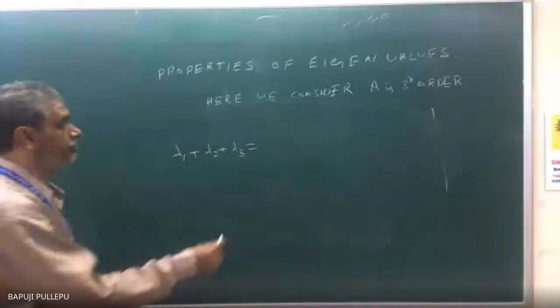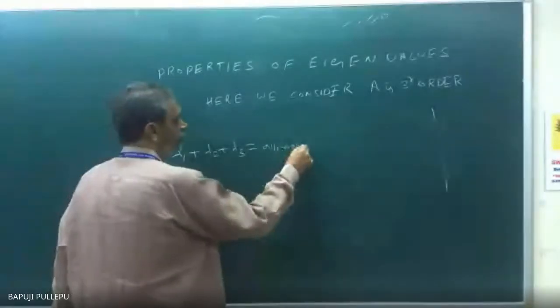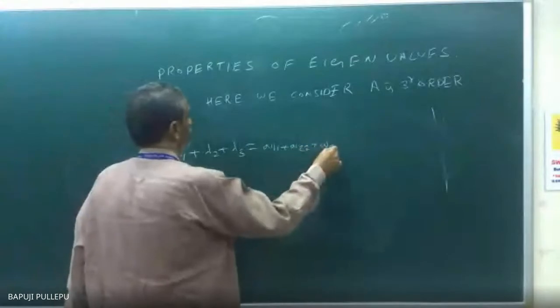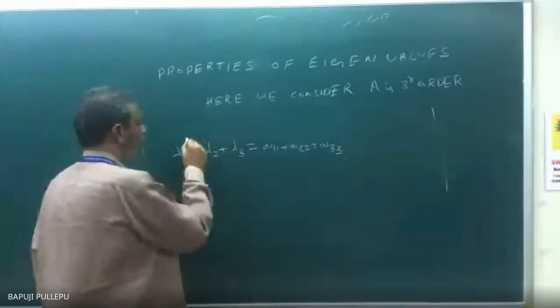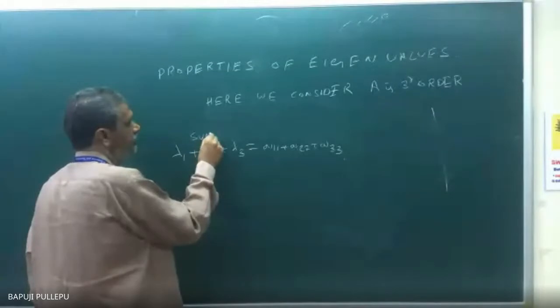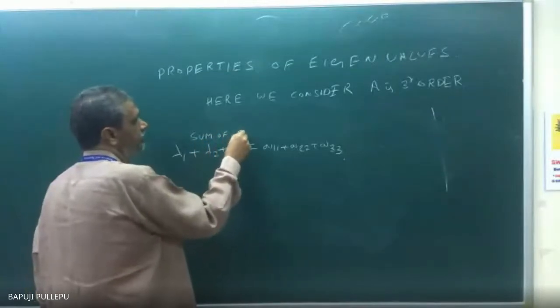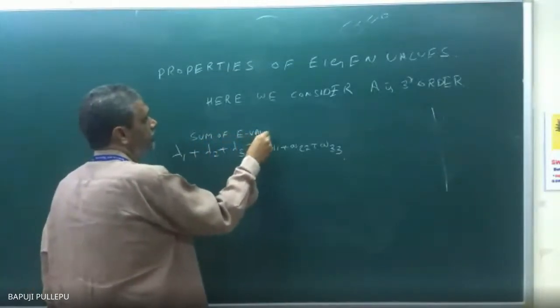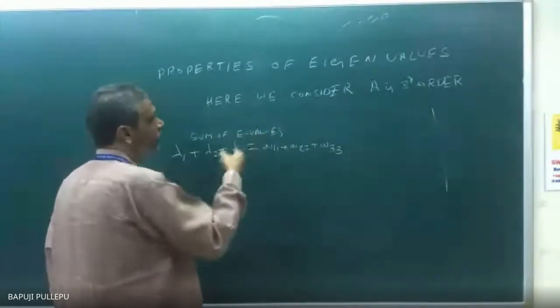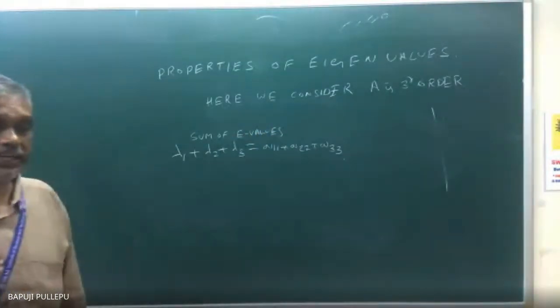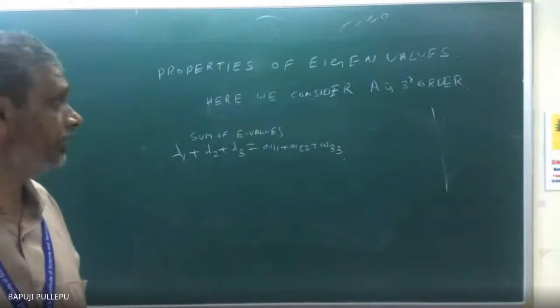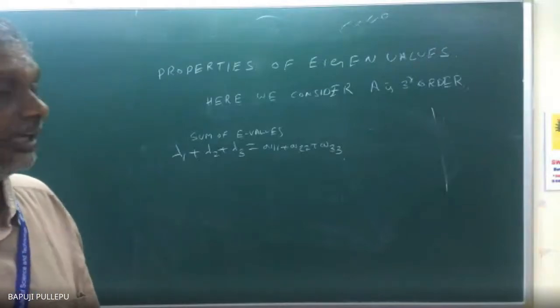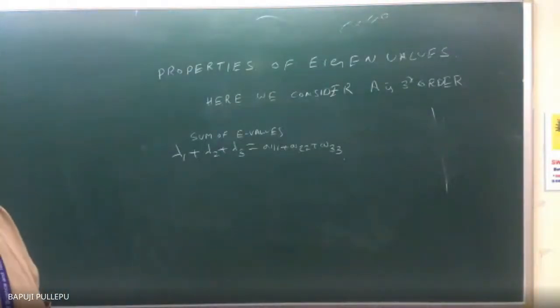A11... Very important, sir. You write it clearly, don't write E values. I am a lazy fellow, I am just writing E values. You can write eigenvalues. Sum of the eigenvalues is what? Lambda 1 plus lambda 2 plus lambda 3 is equal to the sum of the diagonal elements. Correct? Then product of the eigenvalues.